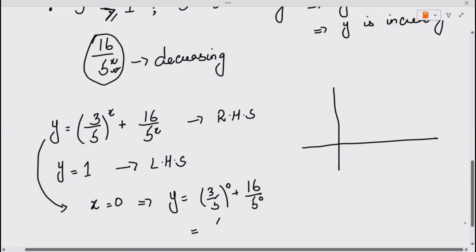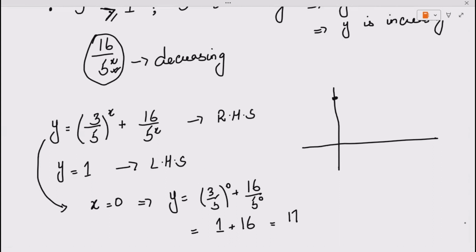So this thing is 1 plus this thing is 16, equals 17. So actually at x equals 0, y is 17. And this is a decreasing function, so it becomes like this. So actually the graph is like this. This is the graph of y equals (3 upon 5) to the power x plus 16 upon 5 to the power x.